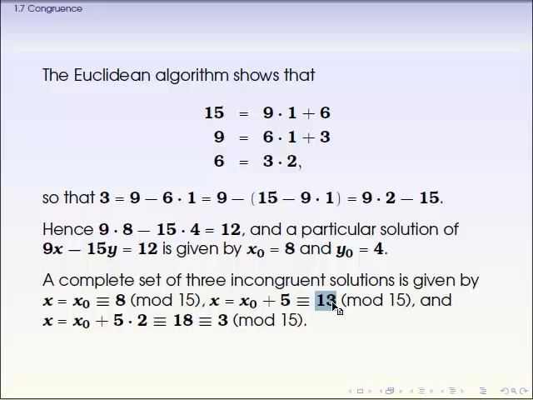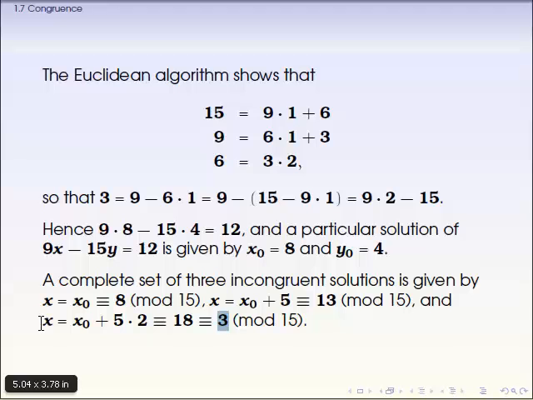Of course, not only 13, but all integers having the same remainder as 13 modulo 15. If you add one more 5, it's going to be 18. But 18 is greater than 15, our modulus, so we take the remainder, which is 3.